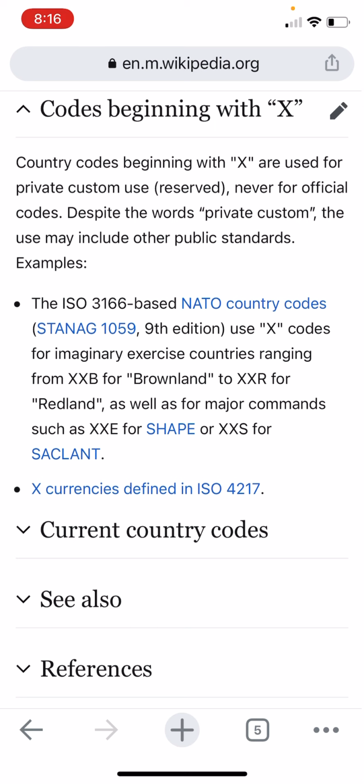Examples: the ISO 3166-based NATO country codes use X codes for imaginary exercise countries ranging from XXB for Brownland and XXR for Redland, as well as major commands, and so on and so forth. They create little fake countries for imaginary exercises when they're testing their systems.